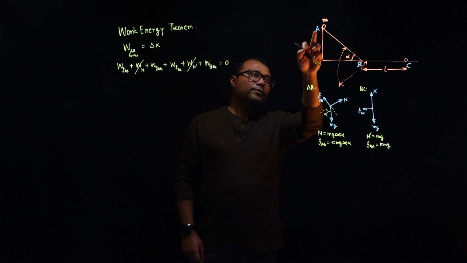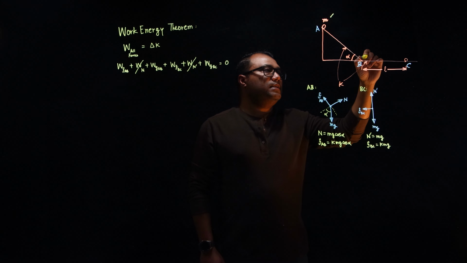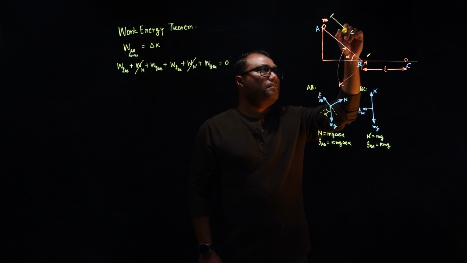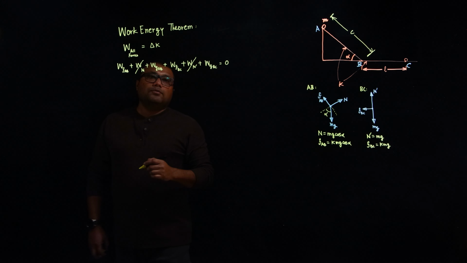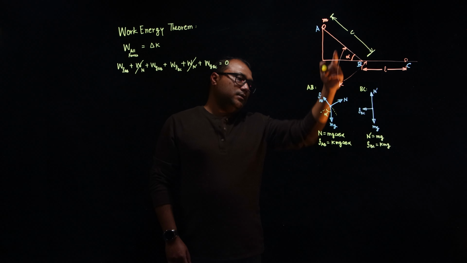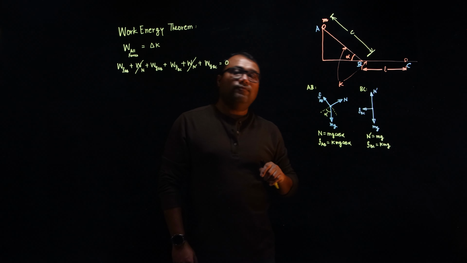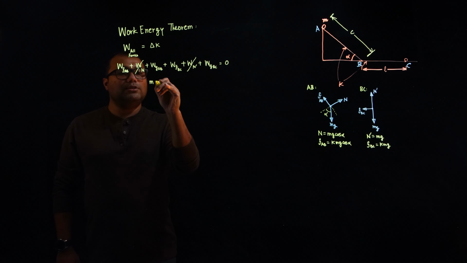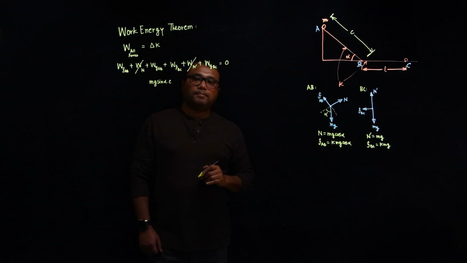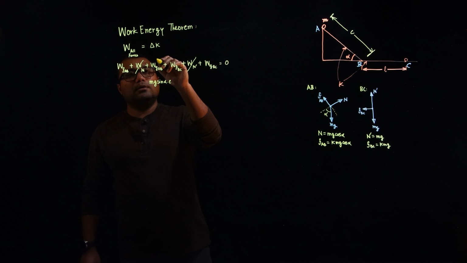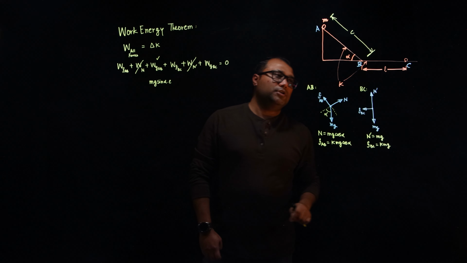Work done by gravity in the journey from A to B: we don't know this distance, let's say this distance is C. Along C, the component of gravity is mg sine alpha, so this one becomes mg sine alpha times the displacement C. Now the other easy one, work done by gravity in the journey BC.